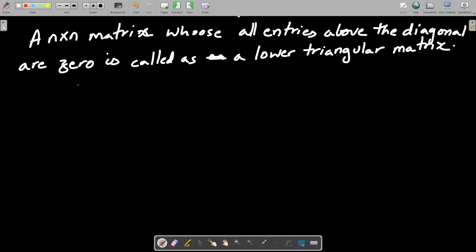Okay, so basically it's of the form, in 2 by 2 case it will be A11, A22 and A21, and here there is a 0.